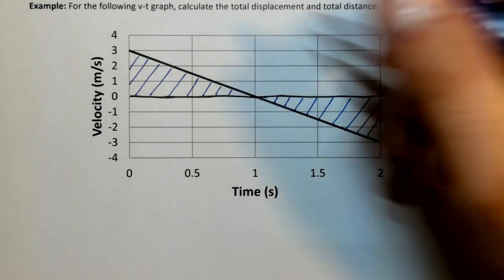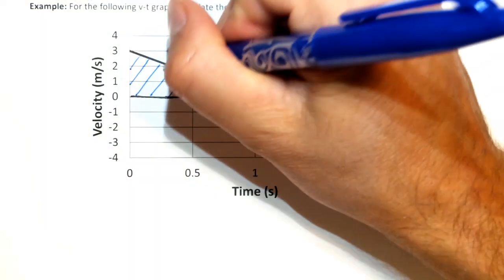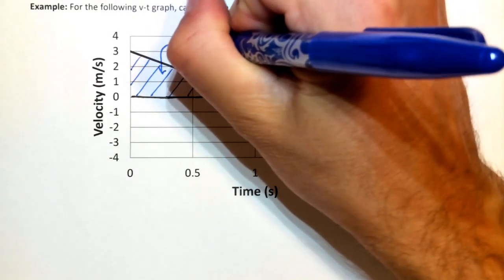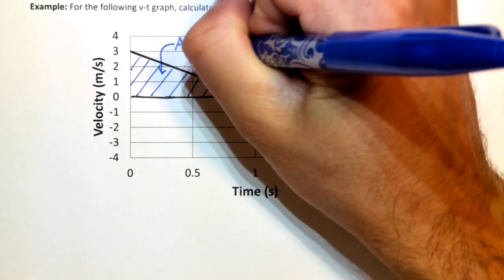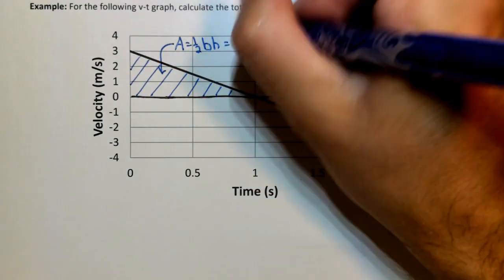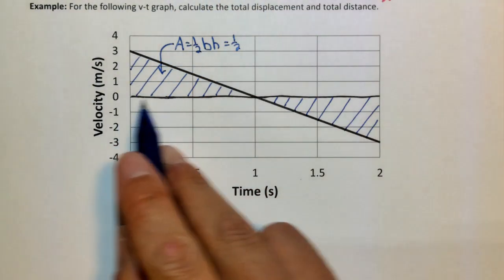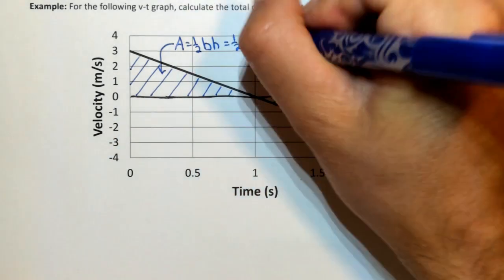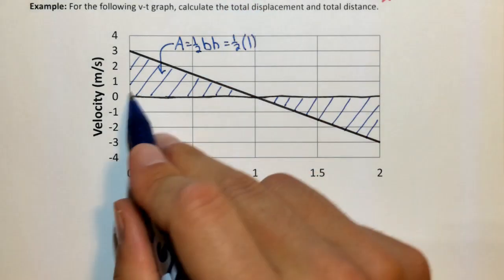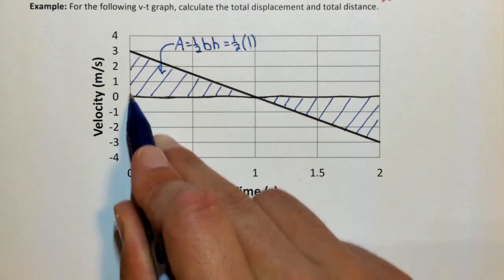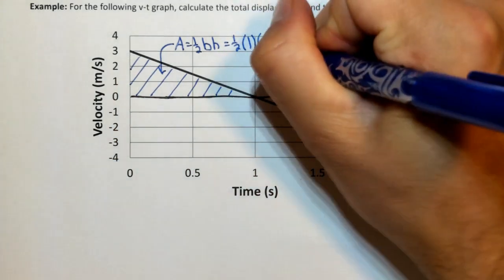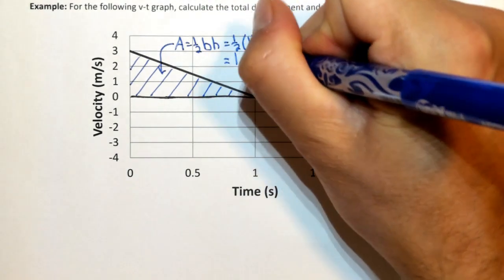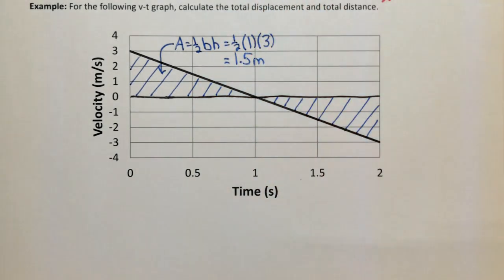Well, these are two triangles. Formula for the area of a triangle is 1/2 base times height. 1/2, this base has a length of 1. And the height of this triangle is 3. So that gives me 1.5 meters.